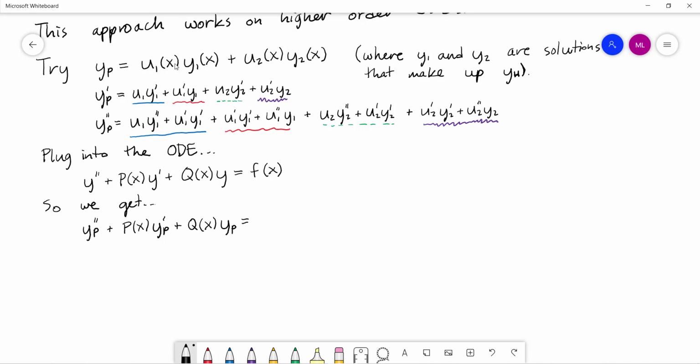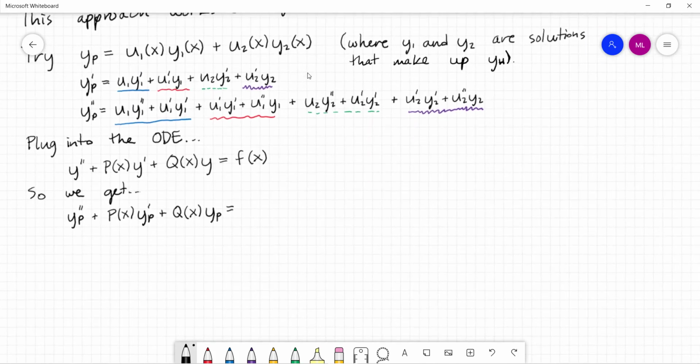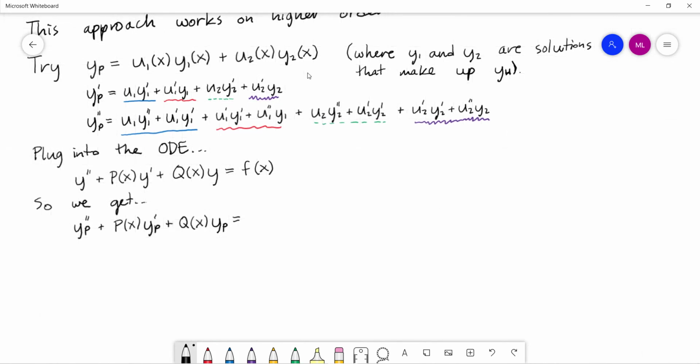Let me group those ones all together, and then we'll do the same thing for the y2s. So we get yp double prime. That's going to be a u1 times this term, y1 double prime. So I've taken care of this term.